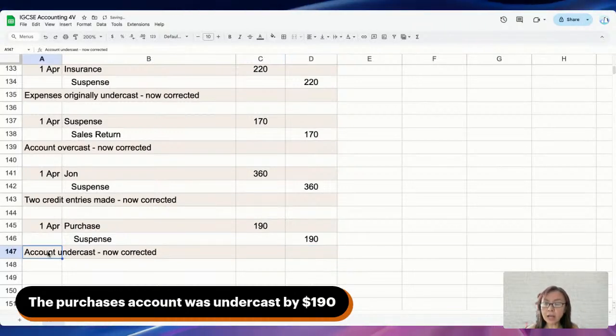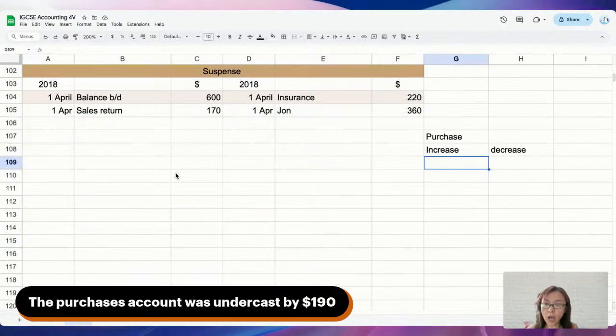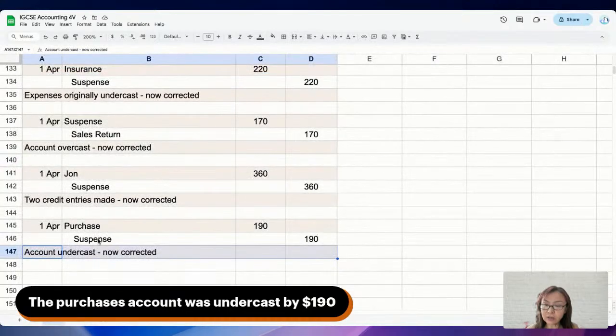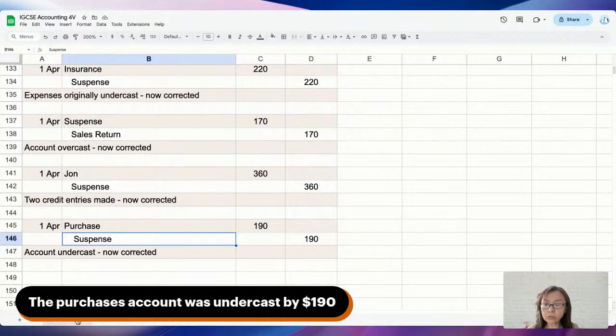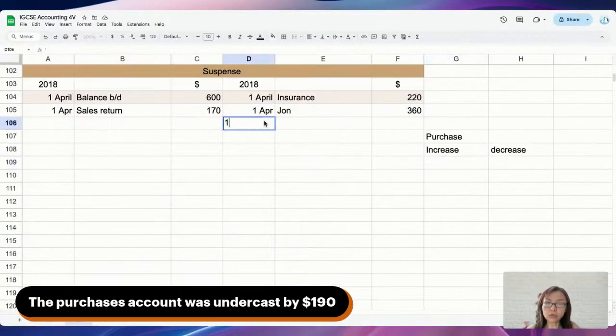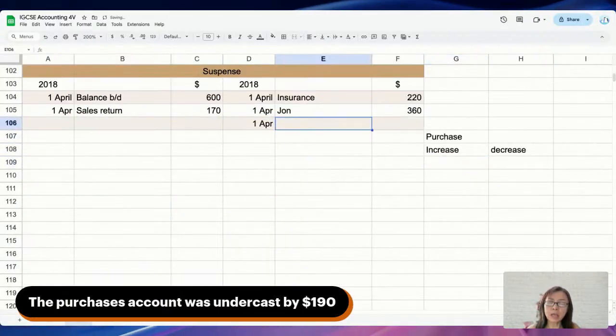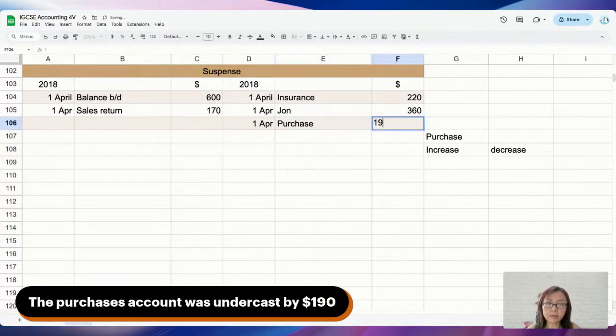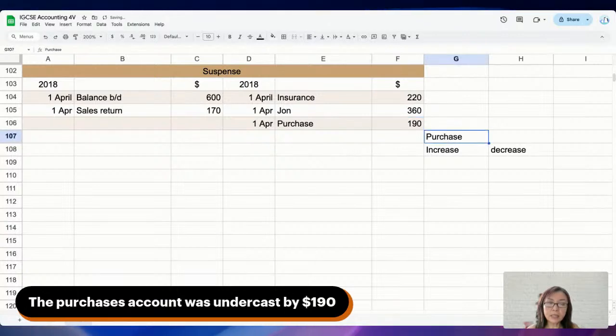All right, account undercast and now corrected. Okay, so we go back to the suspense account. Just now you saw over here in the general journal I put suspense as credit, right? So obviously when I go back to the suspense account, I need to put this is purchase, all right, and then 190. So that is the case.